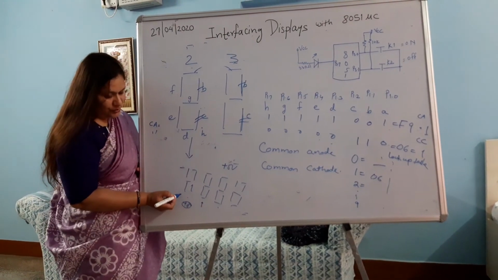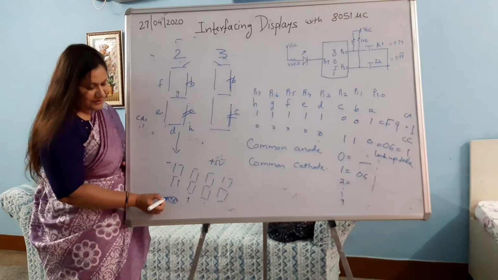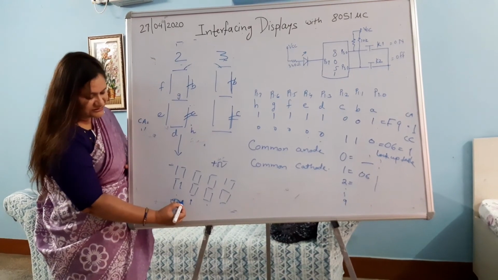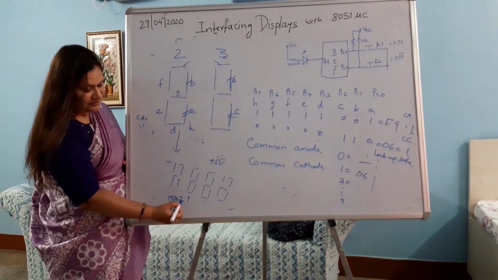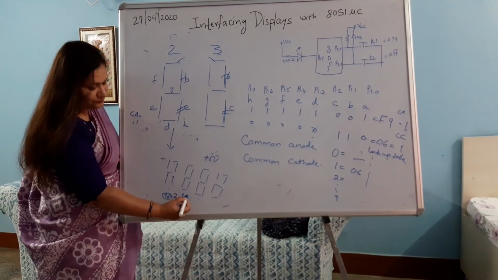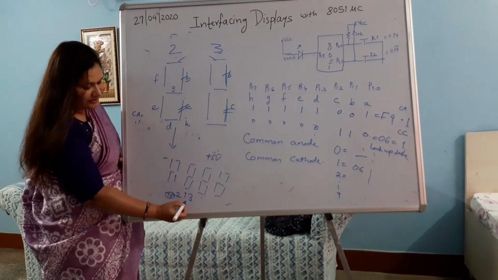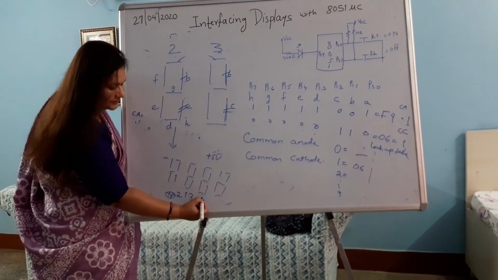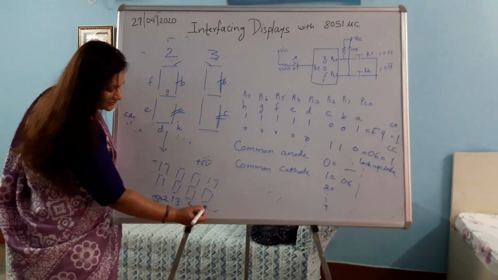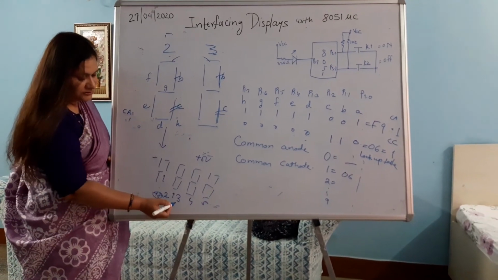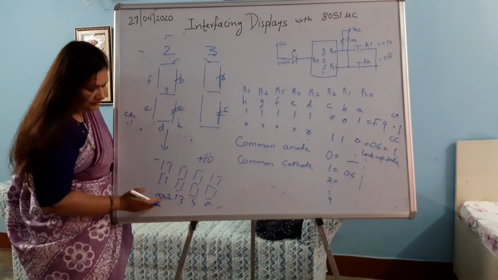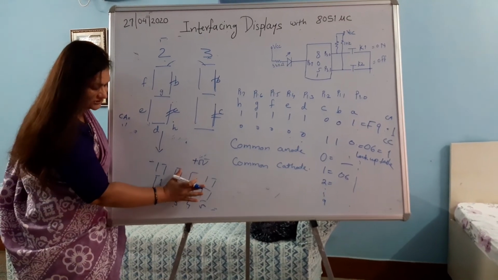So though you are removing the supply, we think that the display is available on this, so 3 will be available. Next time I will move the supply to this, so 3 will be available over here, and then whatever digits may be over here, 45 let's say. So the 2 pattern, 3 pattern, 4 pattern, 5 pattern, I am continuously putting on these displays.